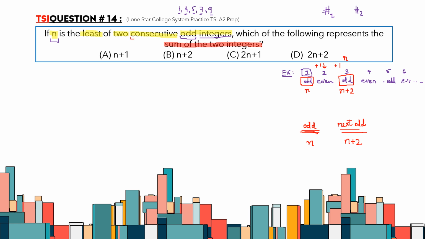And they said consecutive, which means the next one, the really close one. If they just said two odd integers, you could pick one odd integer here and another odd integer there. But they said consecutive, which means they have to be next to each other. So if n is here, the next one will be n plus 2. And if they ask for the next of the next one, it will be n plus 4.